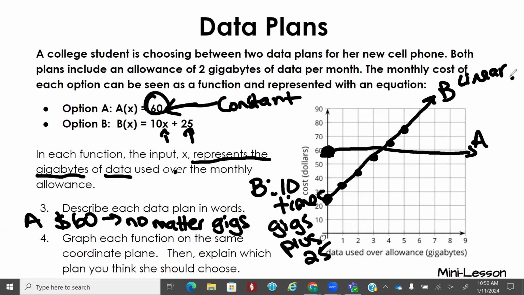Okay. Now, which plan is better? You gotta give me a reason why. Don't say just cause. Why? You pay less. However, look at B right quick. So on B, right here, don't we pay less than $60? Yeah. Okay. So when would it be better to use which plan?